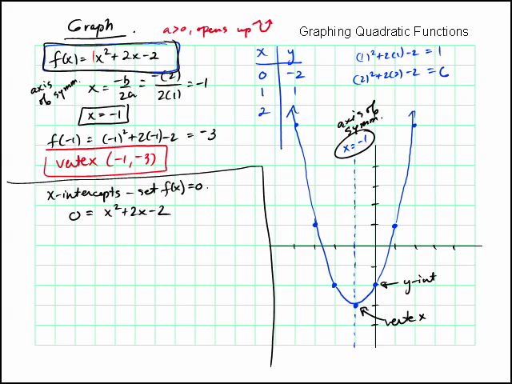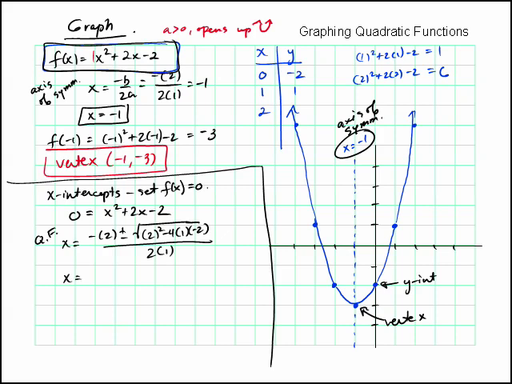Now, since that does not factor, I have to solve this equation either by completing the square or using the quadratic formula. Most people will use the quadratic formula here, so I'll do that. So solving this for x, I'll get negative 2 plus or minus the square root of 2 squared minus 4 times 1 times negative 2, and divide all that by 2 times 1.